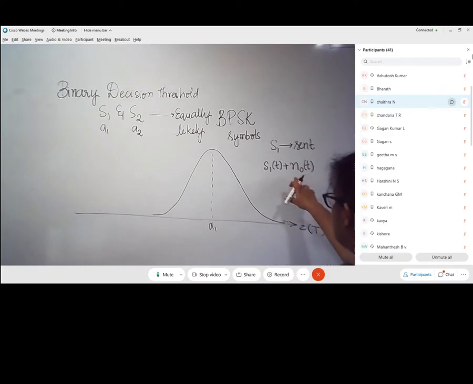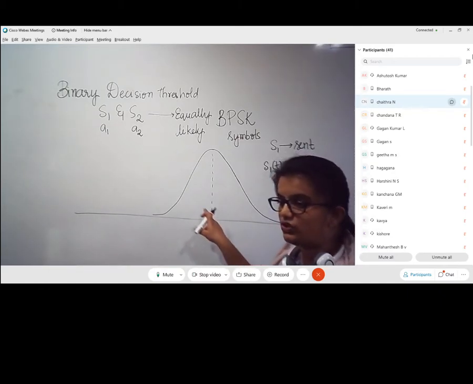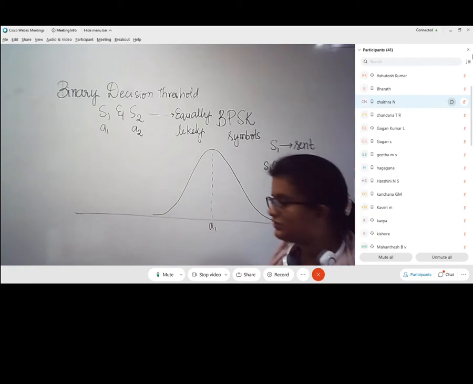When you superimpose one upon the other, one has no randomness, it is very deterministic, but this is going to take the characteristics of the channel itself, which is the AWGN. Therefore, the received signal will also be in the shape of a bell-shaped curve.